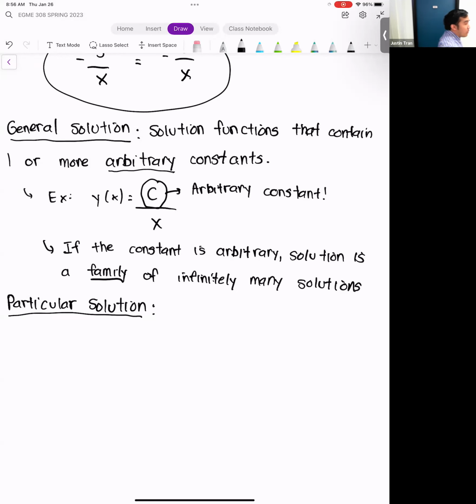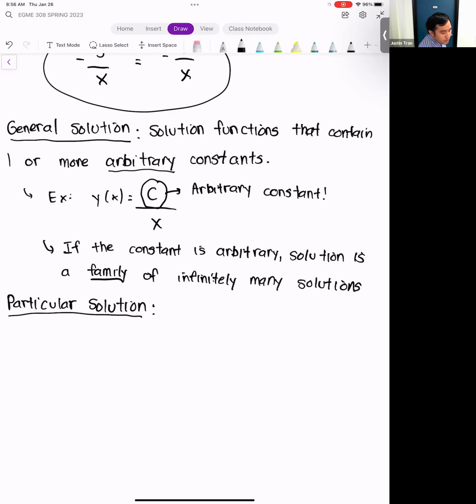All right, so the next definition that we'll have is particular solution. Oftentimes, it's a little bit unsatisfying to get just a general solution, because you do all this work and you get this function, but there can still be infinitely many solutions. You feel like we didn't really do much of anything.